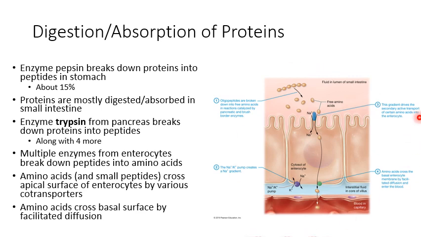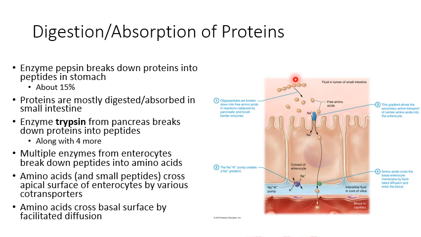So this diagram is kind of showing that most of that process. It's actually starting with a peptide already here. So in order to get your proteins to this state, they need to be denatured by stomach acid in the stomach. Then pepsin in the stomach will degrade some of those proteins into peptides like this, and the rest of the proteins will be degraded into peptides in the small intestine by trypsin or by other enzymes from the pancreas.